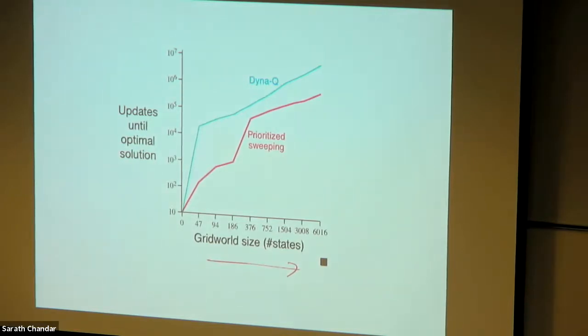And we are checking how many steps it takes to reach the optimal solution. You can see that prioritized sweeping almost always does better than vanilla uniform updates. Is that clear? Any questions so far?